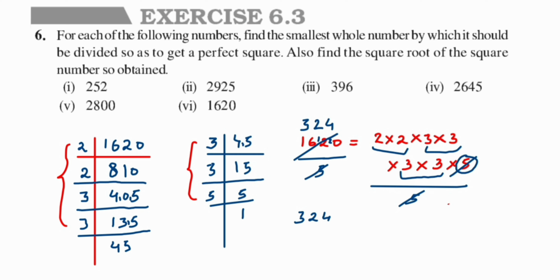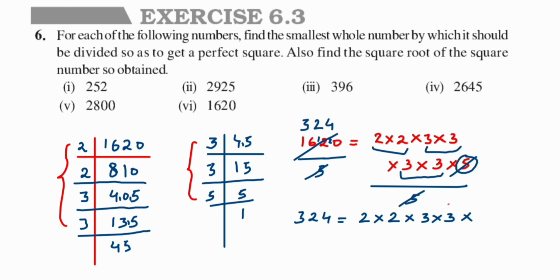So 324 is equal to, write down all the factors you got on the right hand side. So 2 into 2 and then 3 into 3, again 3 into 3 and again 3 into 3.